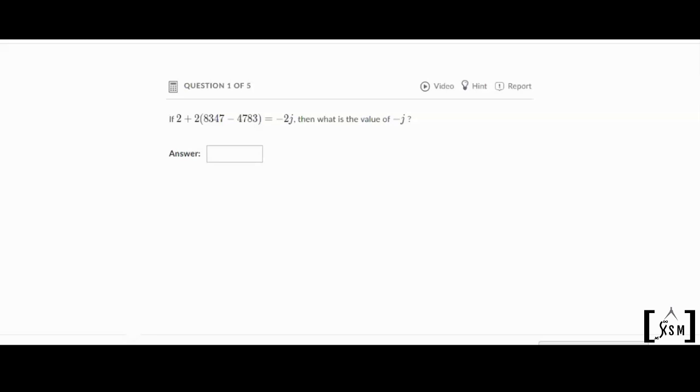Let's see. I am following the PEDMAS rule. Inside the bracket, I will solve it first. 2 bracket, and we'll use the calculator. 3564, and that is equal to negative 2j.